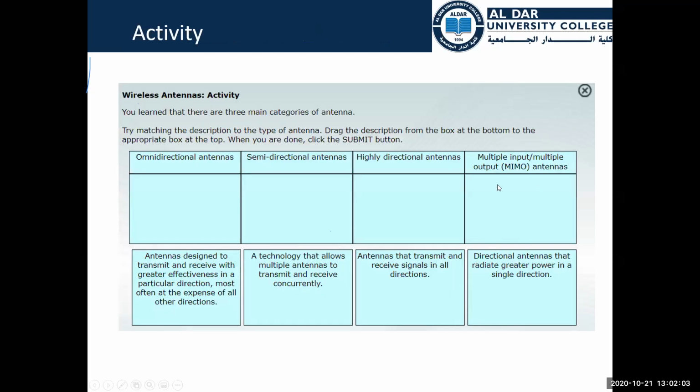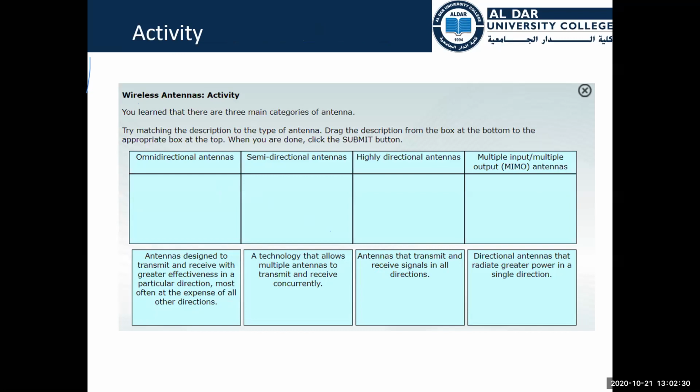And here we go to the activity, and I want all of you to share with me in solving this activity. Omnidirectional antenna. Which one is the omnidirectional antenna? Antenna designed to transmit and receive with greater effectiveness in a particular direction, most often at the expense of all other directions.